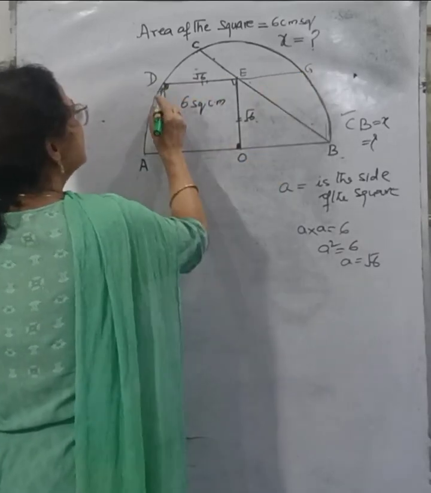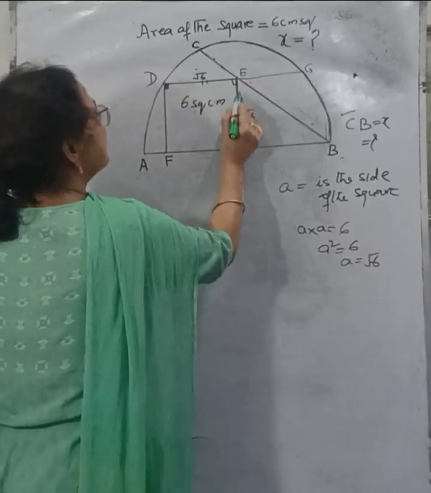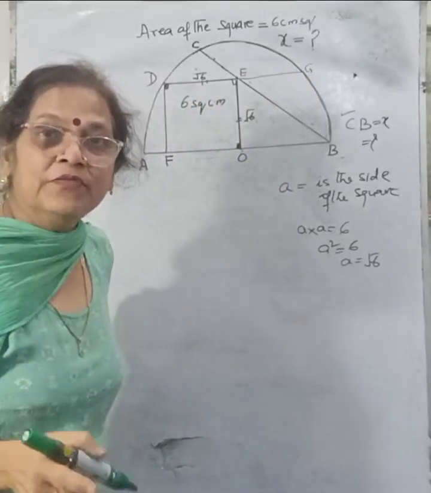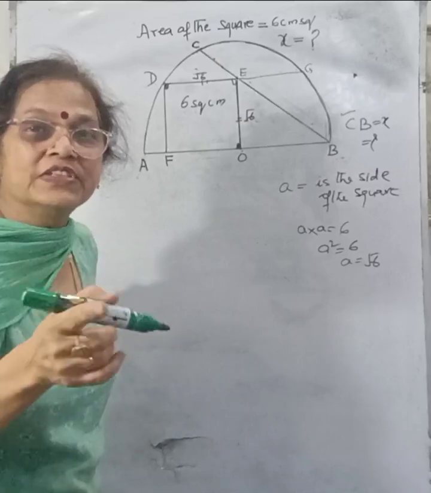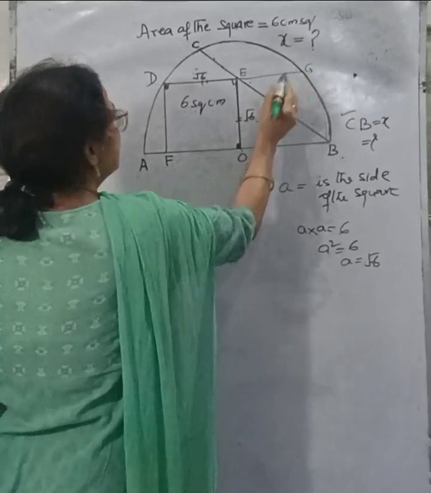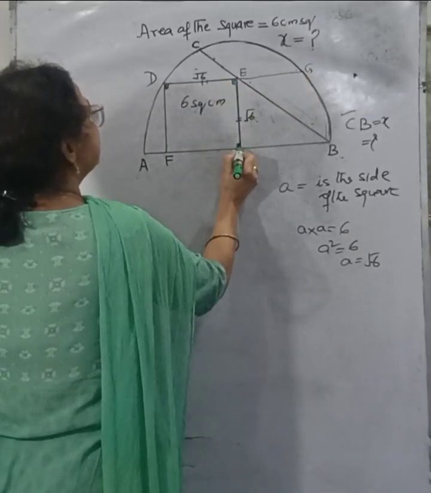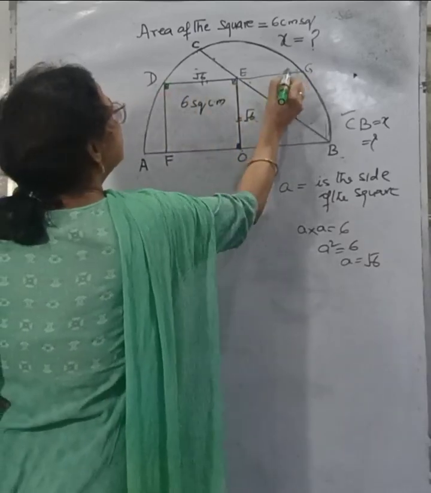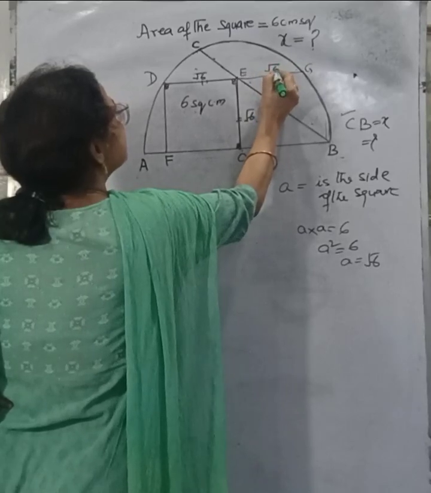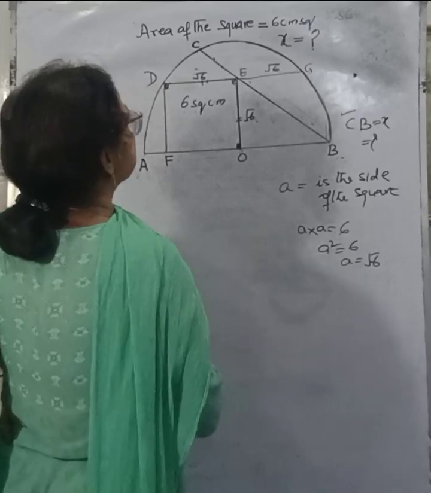This E will be the middle point of this chord, because this is the perpendicular from the center on the chord, and we know that a perpendicular from the center on the chord always divides it into two equal parts. This is a 90-degree angle, so this is the perpendicular on DG, which means EG will also be of length root of 6 centimeter. Okay, root of 6, correct.